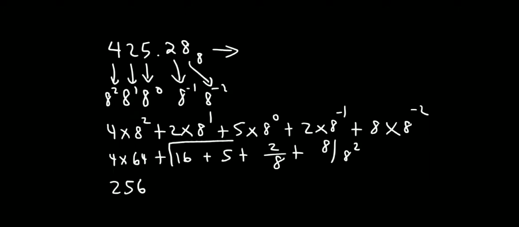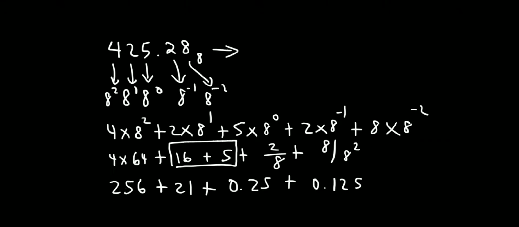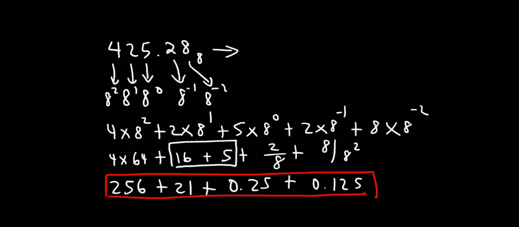Now 256 plus 21 plus 0.25 plus, you will divide 8 upon 64, so 0.125. Now you will add these numbers. After adding, whatever you get, that is the answer.